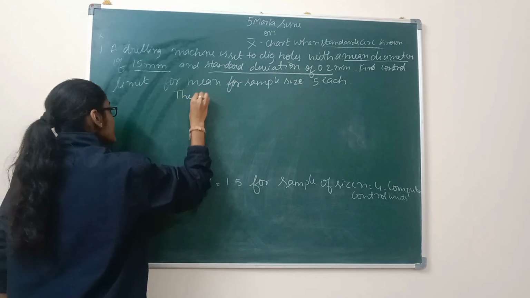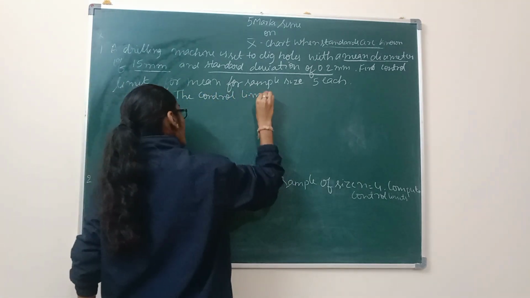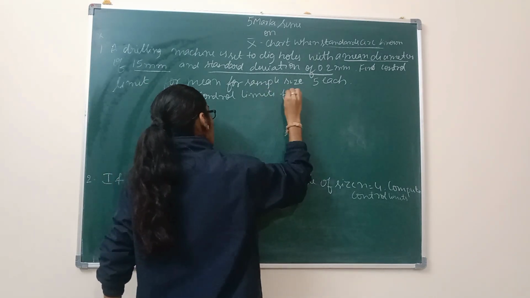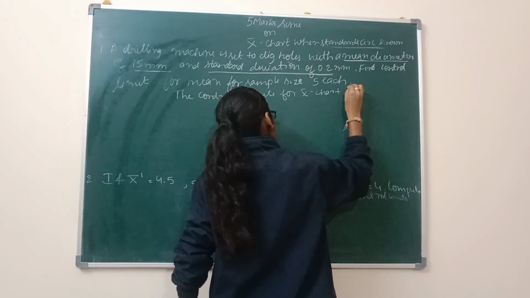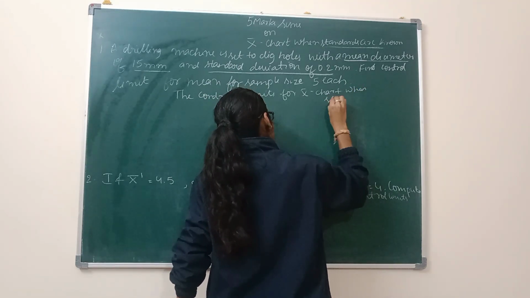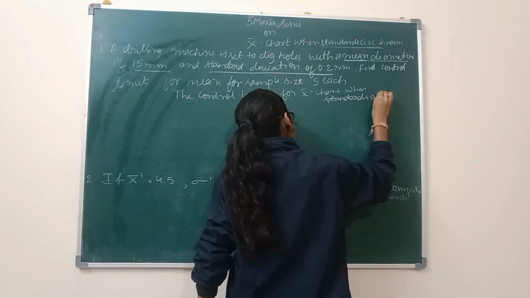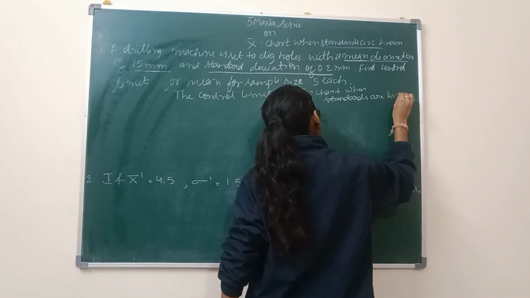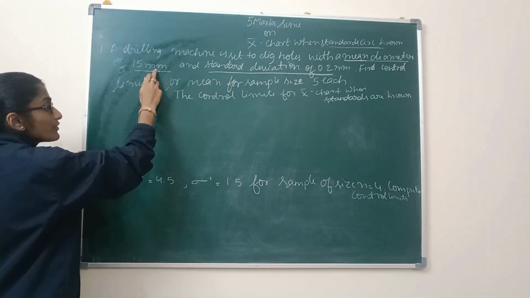So we are supposed to write the control limits for X bar chart when standards are known. So, mean diameter of 15 mm.